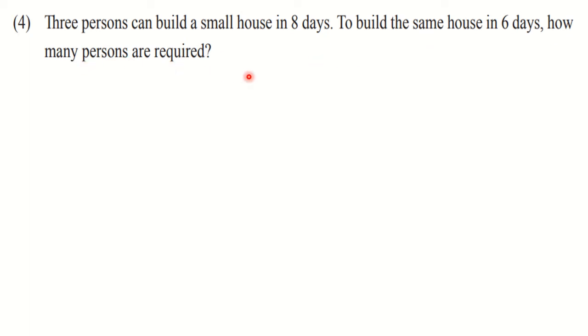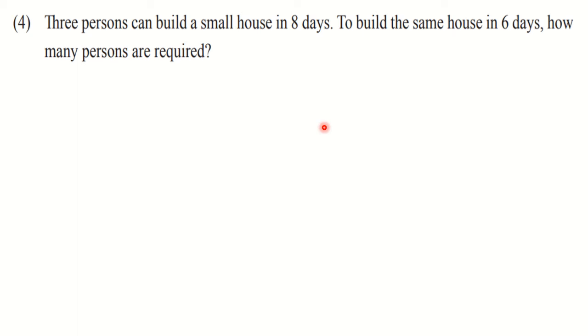So this is about the work done and the number of persons required. So easily you can think that if the number of persons is increasing, then the number of days is going to reduce. Got it? So here inverse variation is present. Direct variation means what?